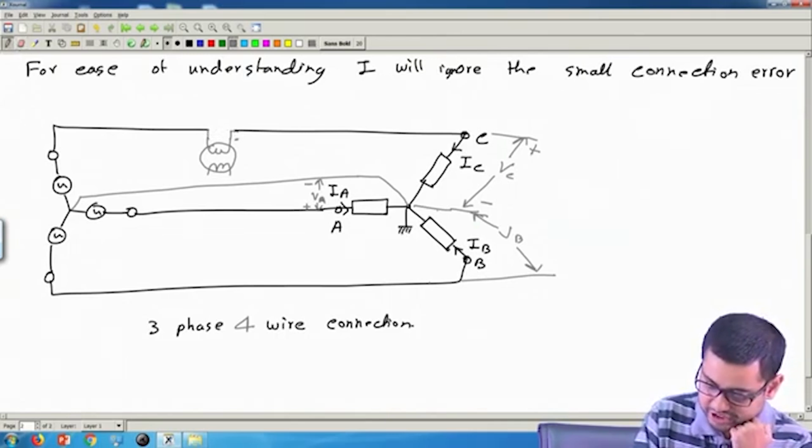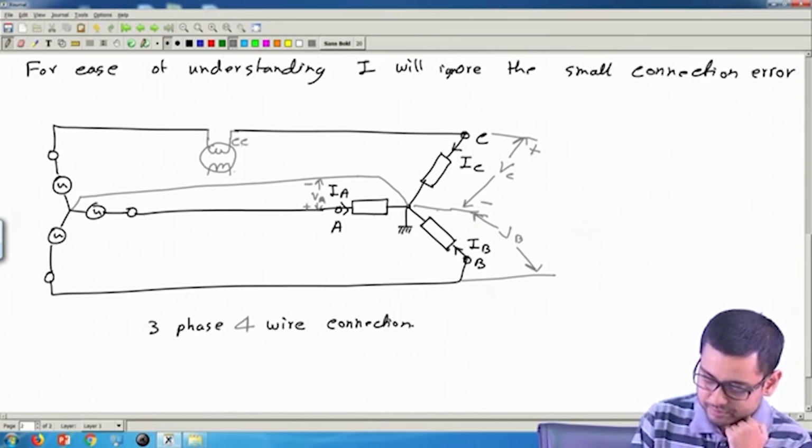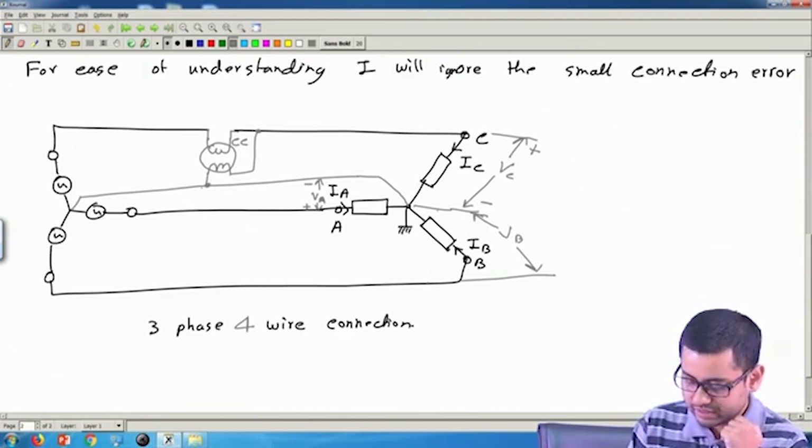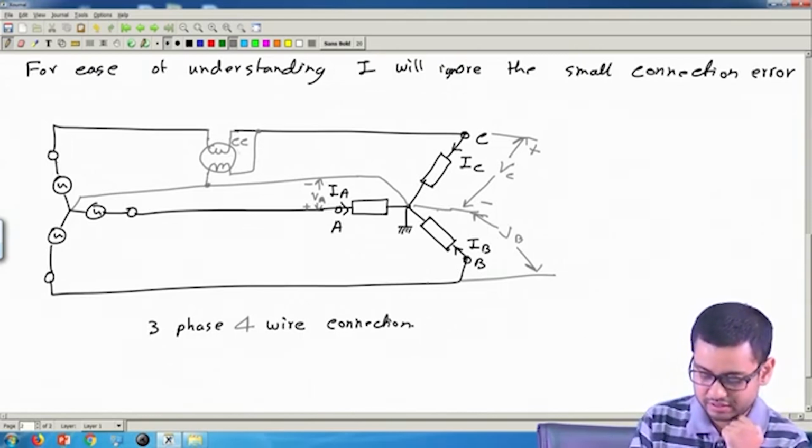So this is the current coil, CC, and for the voltage coil, let me put the voltage coil across this live C phase and the neutral. Okay, ignoring the small current going through this pressure coil once again. Okay, ignoring those small errors.